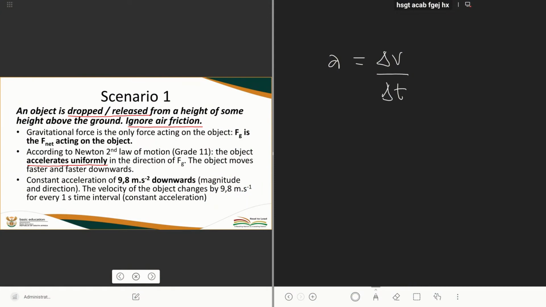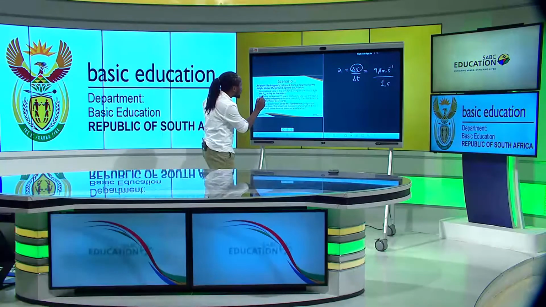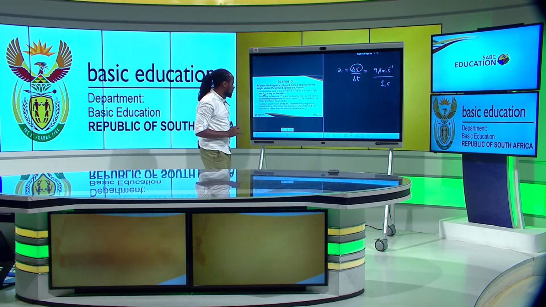So if our acceleration is 9.8 meters per second squared, it means the change in velocity is going to be 9.8 meters per second for every second, right? This constant acceleration is due to the constant net force that acts on the object, okay?